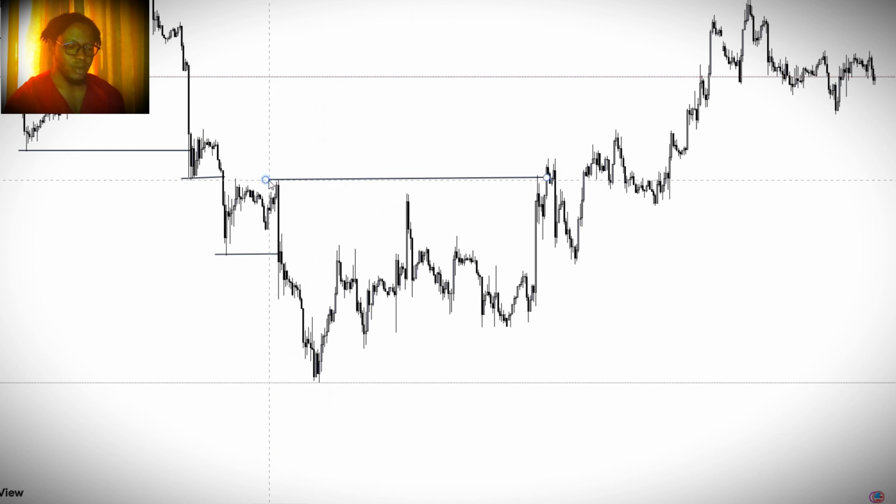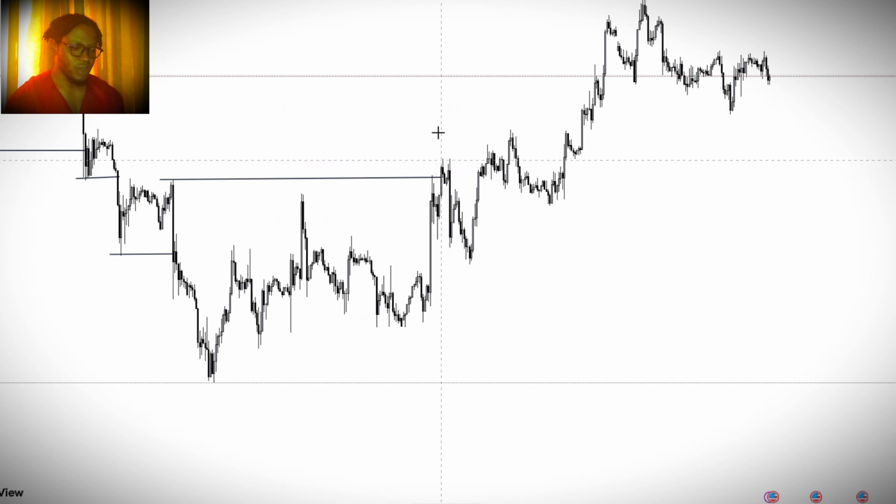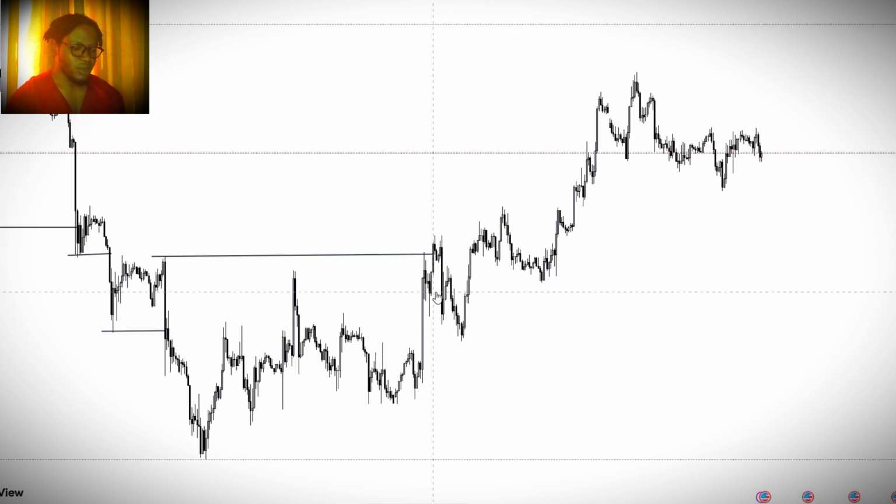Price is not trading above this lower high here, so I'm not bothered with all this noise. I kept my cool, I kept being patient. First of all, price pierced up, but not above this lower high here, but we had that here at this point. And see, price went above these points.